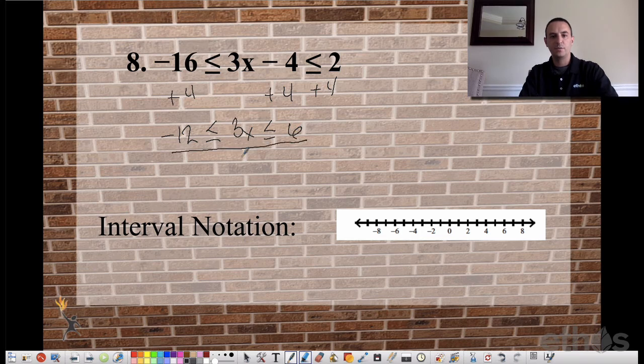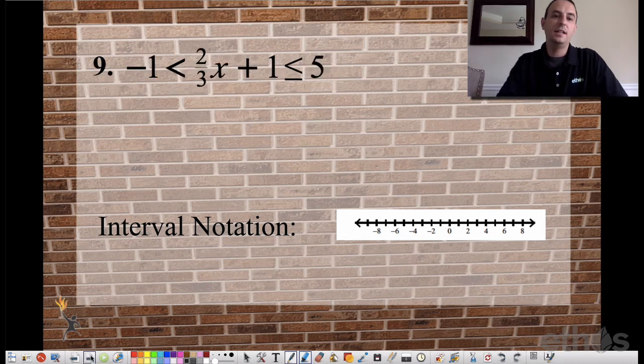Divide everything by 3, and we'll end up getting -4, x, and 2. So we get our -4 right here, we get our +2 on this side, and then we connect the 2 dots, leaving us with -4, all the way down to 2.